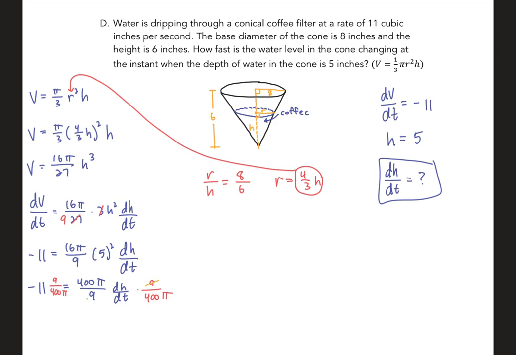The 9's cancel, the 400 pi's cancel, if you want to look at it that way. So now we're just left with dh dt. That's negative. And then this 11, when a number is multiplied by a fraction, especially a whole number, just multiply it by the top. This is negative 99 over 400 pi.